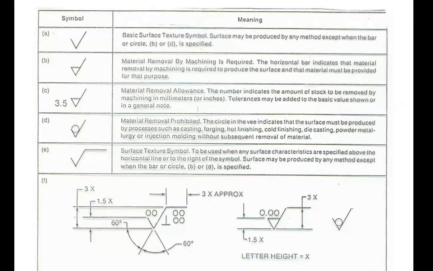Decrease the roughness, but not by applying a material cutting process, but by applying a plastic deformation process. Using a press or hammer, flatten the irregularities. That is the meaning of this symbol.